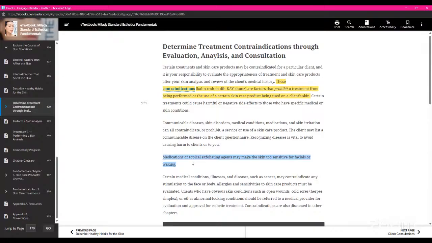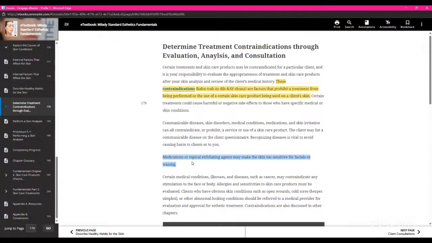They're doing a particular thing for the skin. And if I put hot wax across that, I'm going to pull that skin up. And this person is going to heal very bruised and with a scab. So a lot of times, illnesses, diseases, different medical conditions may cause us to have contraindications where we cannot service the face and the body.